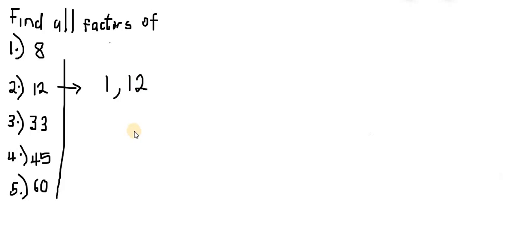Second thing, 12 ends in an even number, so that means 2 is a factor. So if 2 is a factor, we can find the other factor that connects to 2, 12 divided by 2.